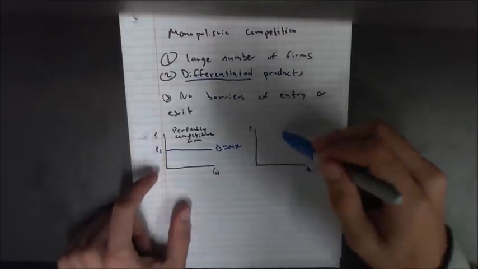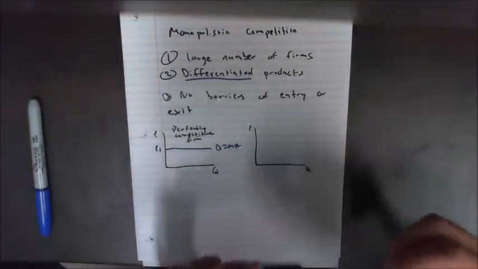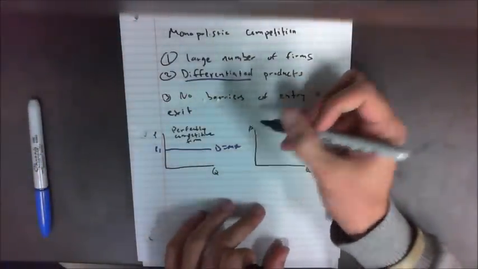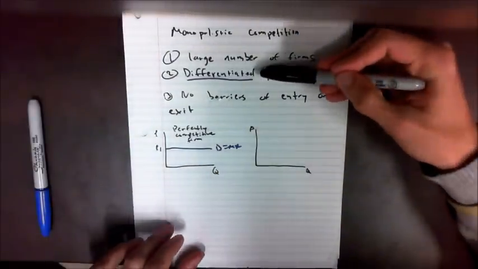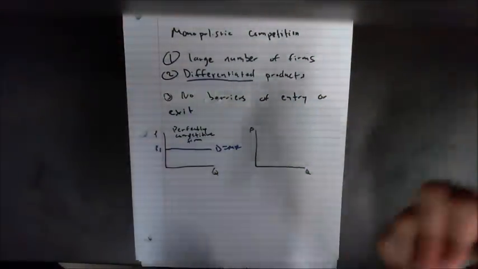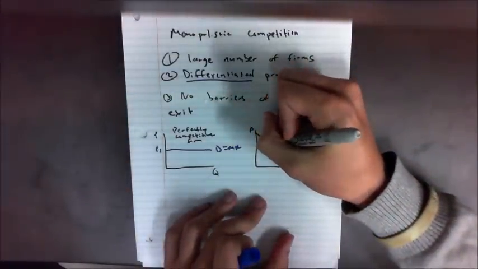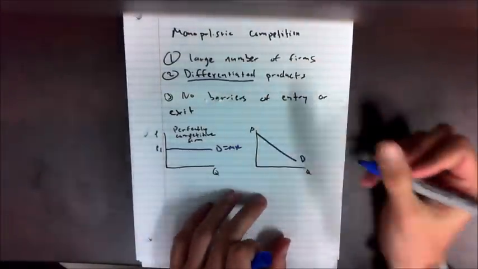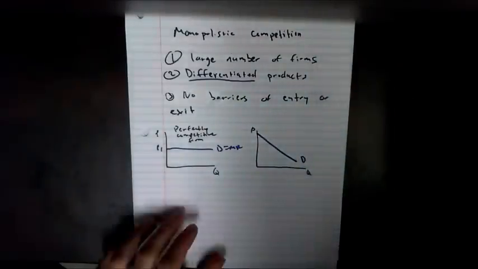When I think about monopolistic competition, I have a differentiated product. So if I increase my price, my quantity demanded goes down, but it does not go to 0. So my demand curve looks something like this.